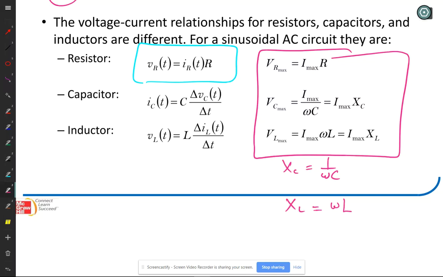The inductor, on the other hand, at high frequencies blocks current. But at low frequency, it just passes current. This actually makes good sense because an inductor is a wire that's just wrapped in circles. At low frequencies, it just behaves like a wire. But at high frequencies, you start making magnetic fields that interfere with the passing current.